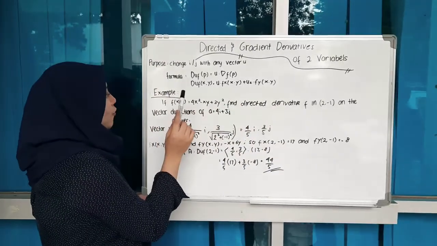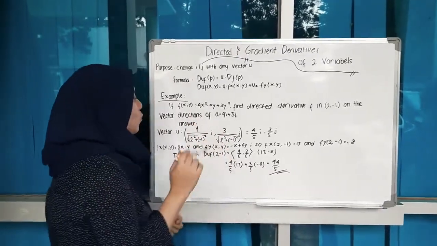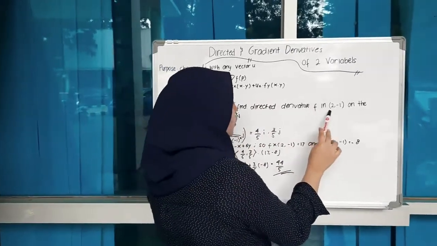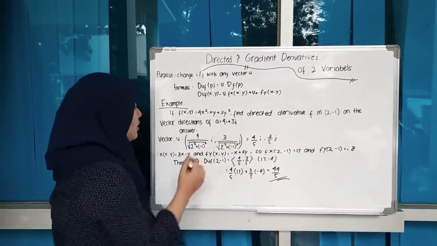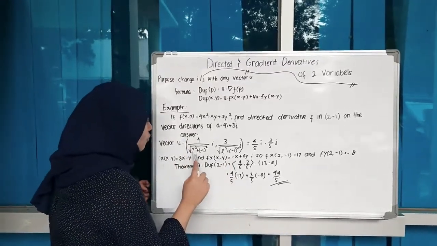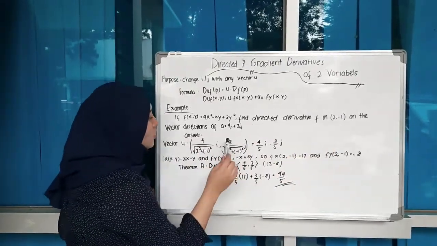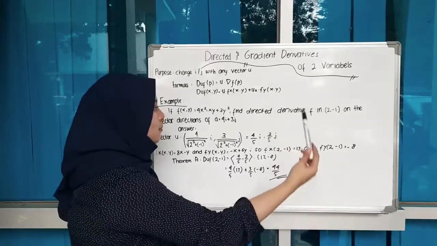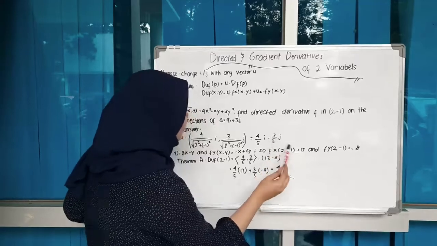Example: if f(x, y) equals x squared minus xy plus 3y squared, find the derivative of f at (2, -1) in the direction of the vector a = 4i + 3j. Answer: the unit vector u is (4 over the square root of 4 squared plus 3 squared, 3 over the square root of 4 squared plus 3 squared), which is 4/5 i, 3/5 j.